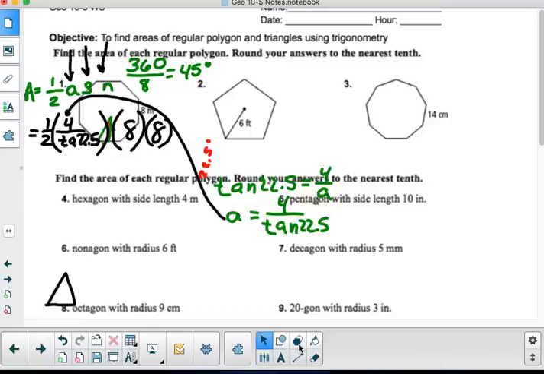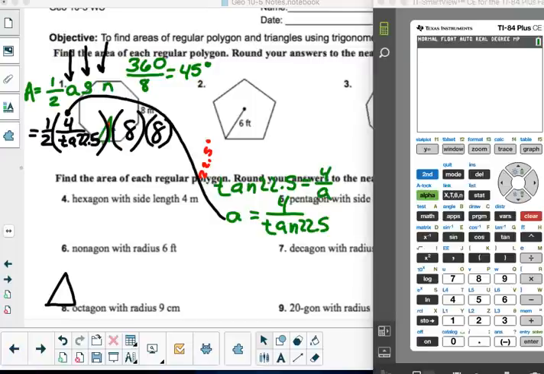While we're doing this, I'm going to get my calculator up on the screen so you can see how to get this done with a calculator. Putting this in my calculator, I got 1 divided by 2, which is 1/2, times 4 divided by tangent 22.5, close my right parenthesis, times 64.